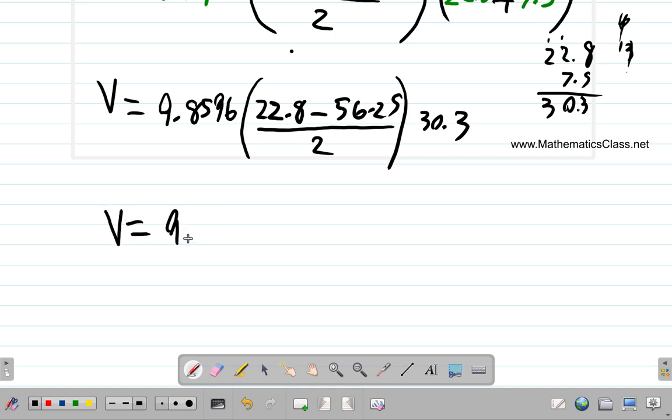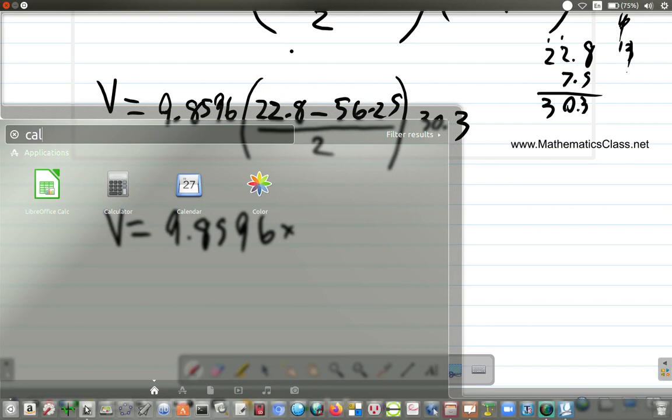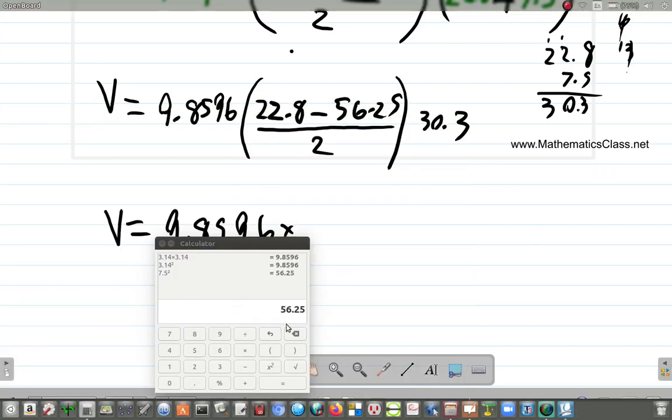Now, let's just simplify it one piece at a time. So we have 9.8596 multiplied by, then the 22.8 minus 56.25. We have 22.8 minus 56.25 equals negative 33.45.